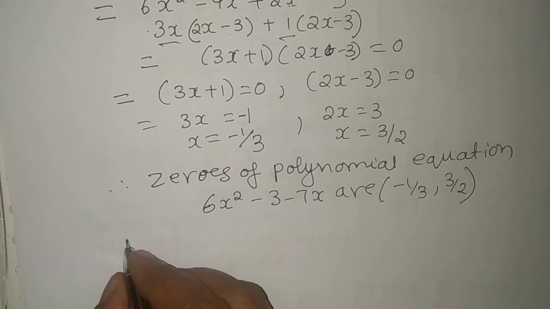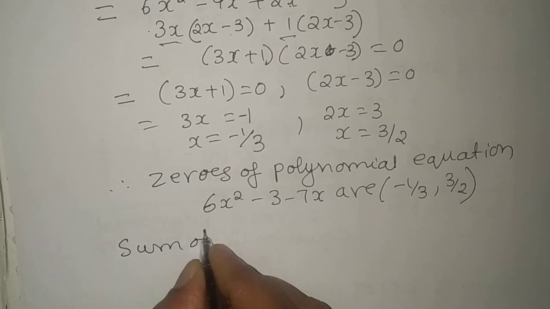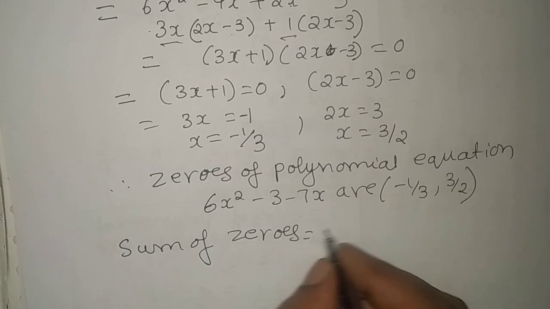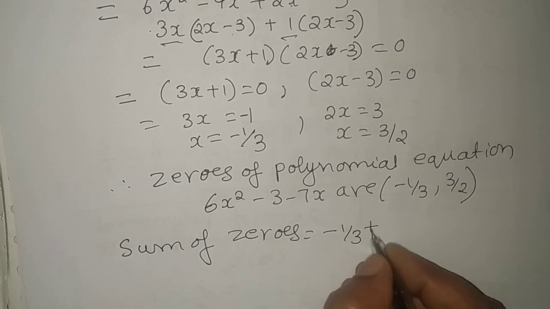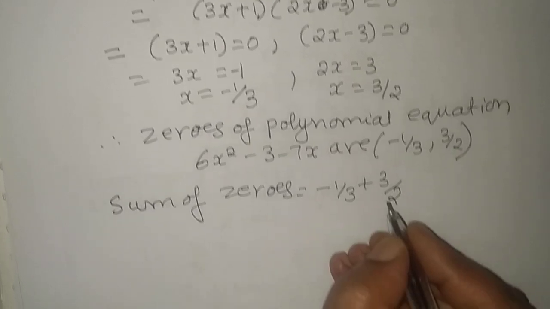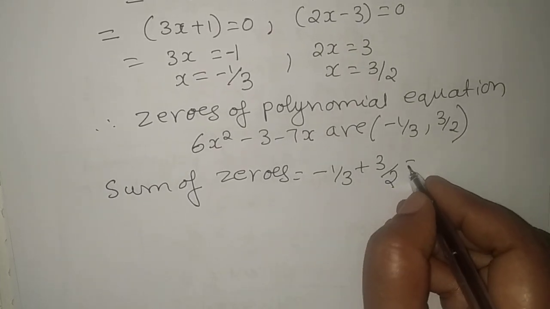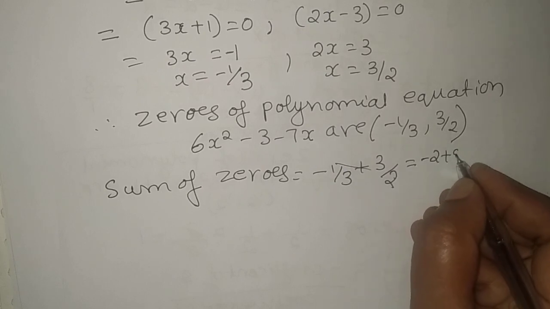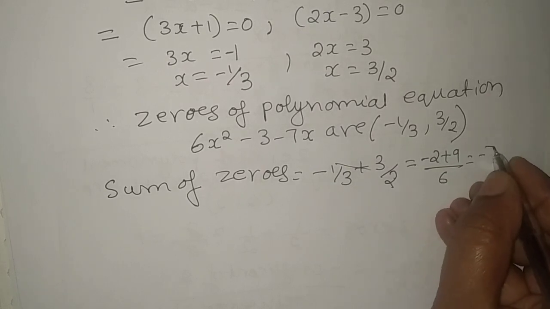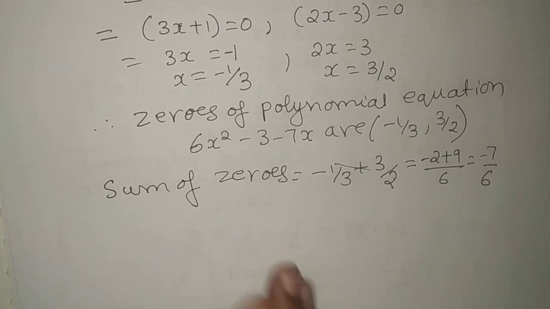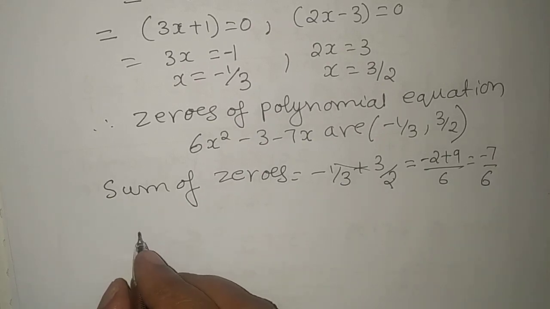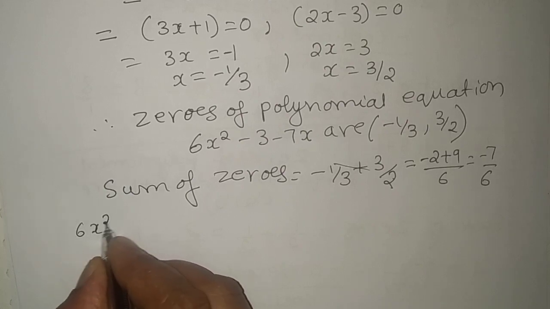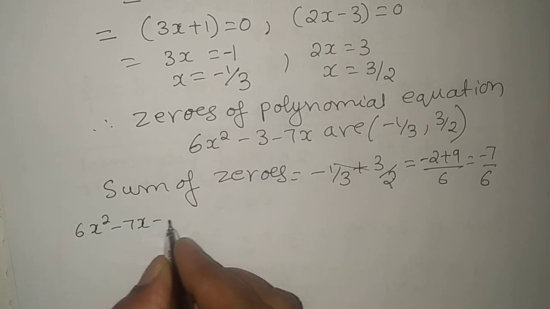So now we calculate the sum of zeros. Sum of zeros: add these, that is minus 1 by 3 plus 3 by 2. Cross multiply and take the LCM, 6, which is equal to minus 7 by 6 we get. So see in the equation, this is the equation 6x square minus 7x minus 3.